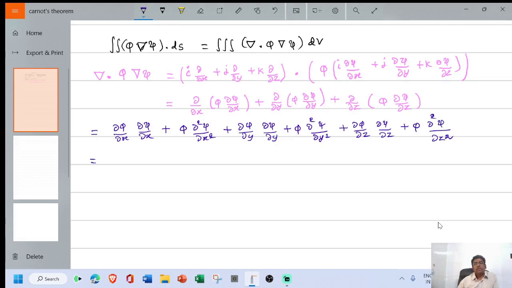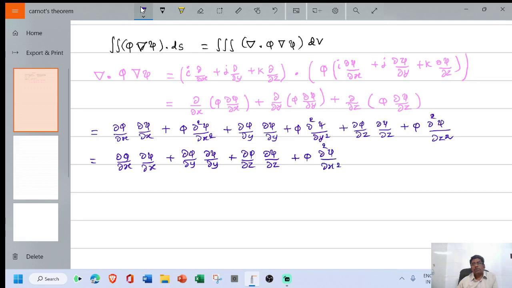Now combine all the terms. Dou phi by dou x dou psi by dou x plus dou phi by dou y dou psi by dou y plus dou phi by dou z dou psi by dou z, plus phi dou square psi by dou x square plus phi dou square psi by dou y square plus phi dou square psi by dou z square.